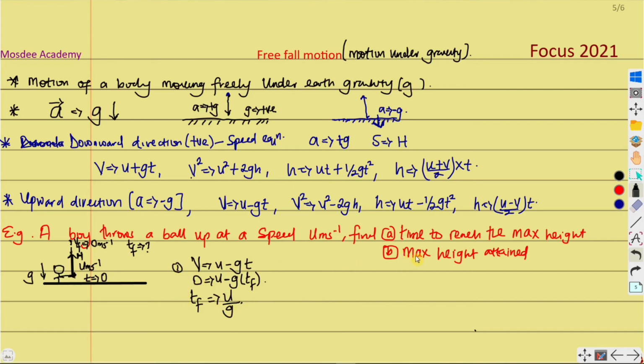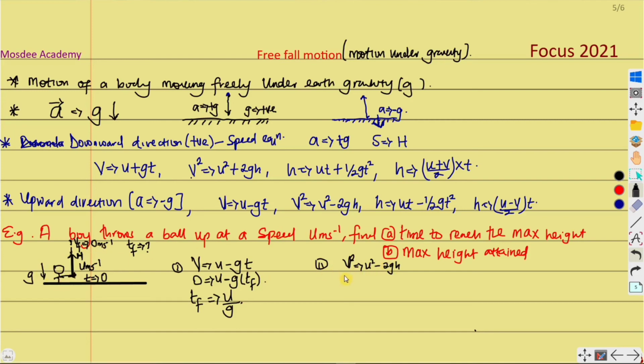About the second one, the examiner asked us to look for the maximum height. When the ball was thrown up, it reaches a particular height, which is the maximum height. Also from our speed equation, we can solve that one by saying the second equation is v squared equals u squared minus 2gh. As discussed, the body was thrown up, it reaches a final velocity of 0 meters per second retarded by g.